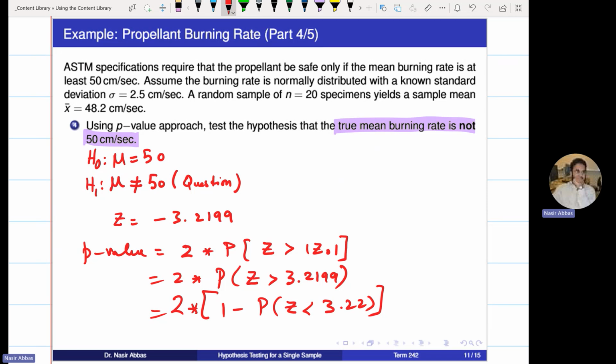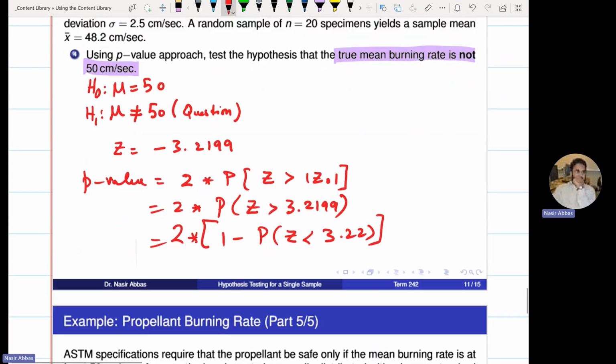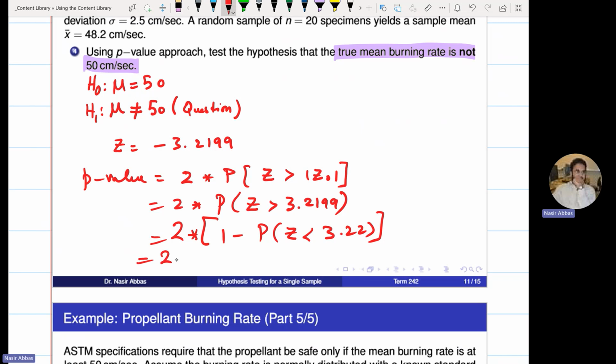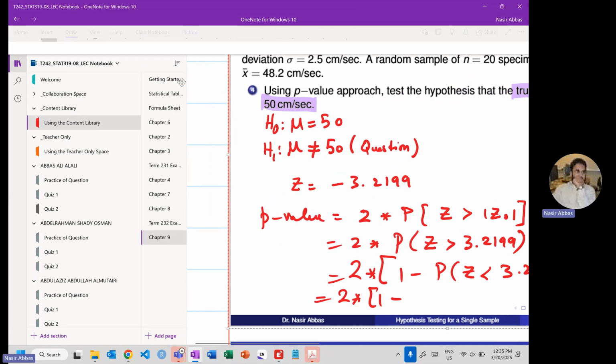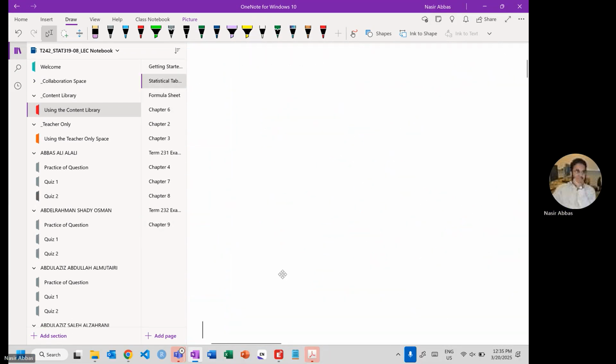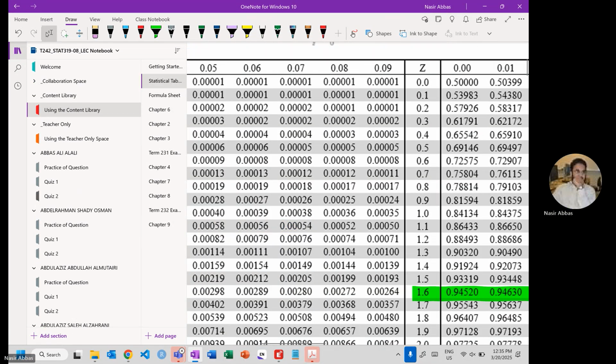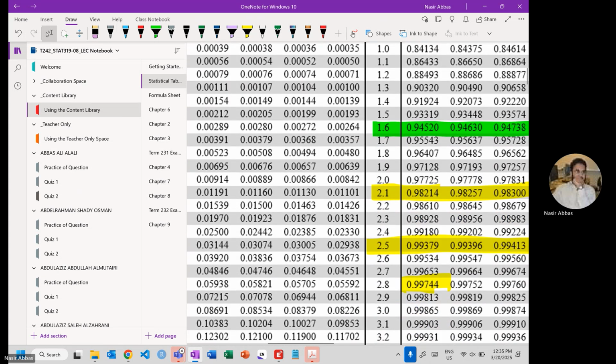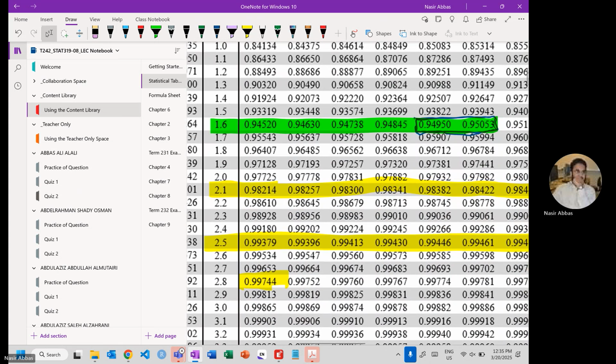Now I will go to the Z table and look for the area below 3.22. Look at the last row. 3.20, 3.21, 3.22.